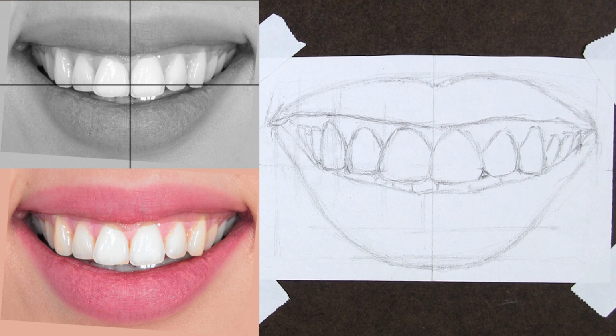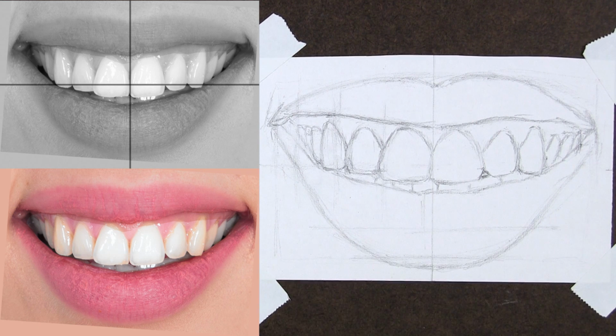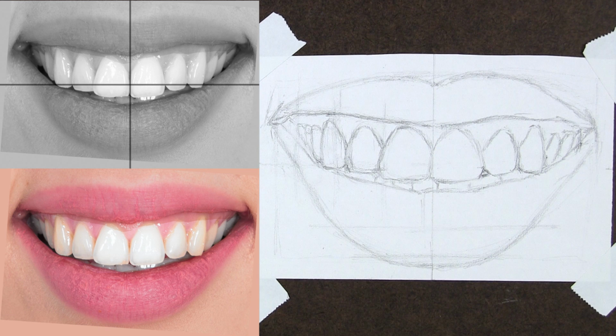All right, so we're going to go ahead and try to do a little bit of shading to wrap this up. However, before we get to the shading, I do see one correction I want to make.